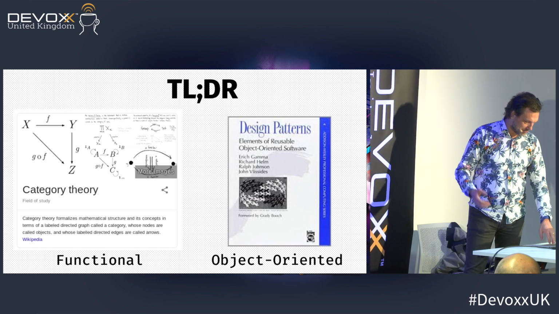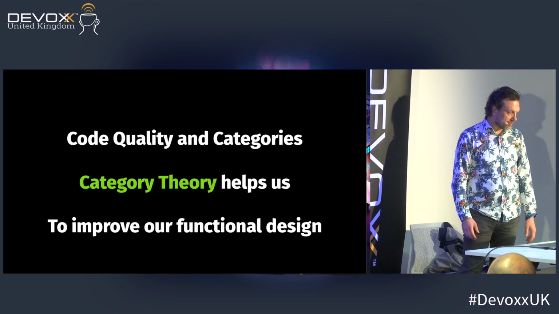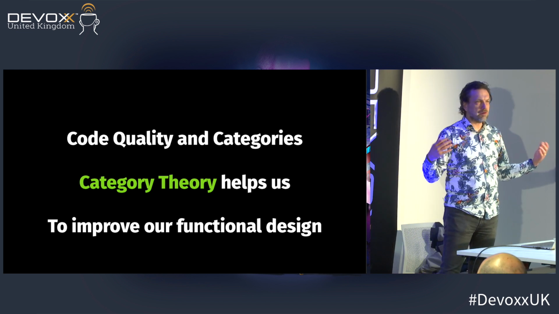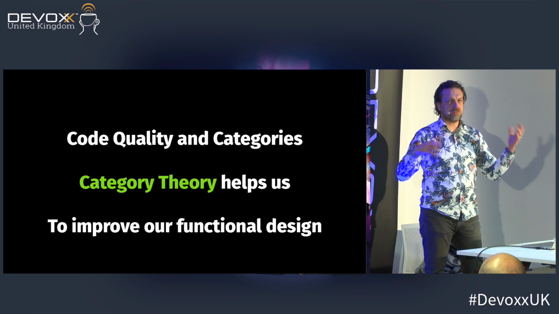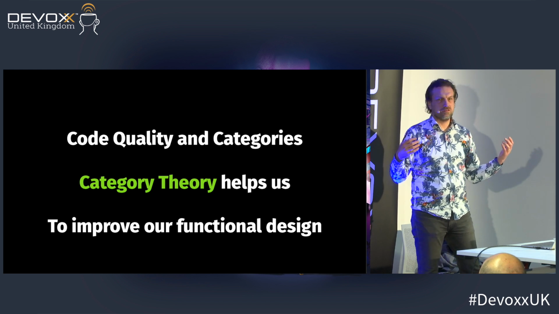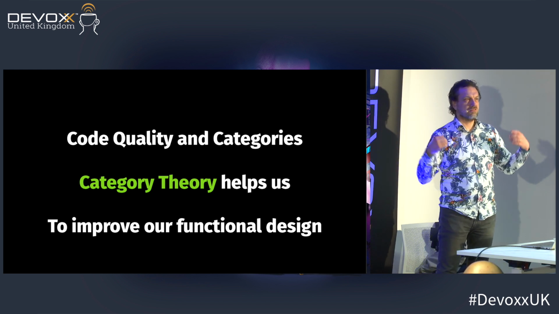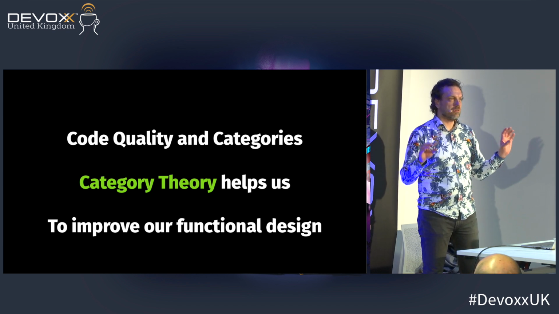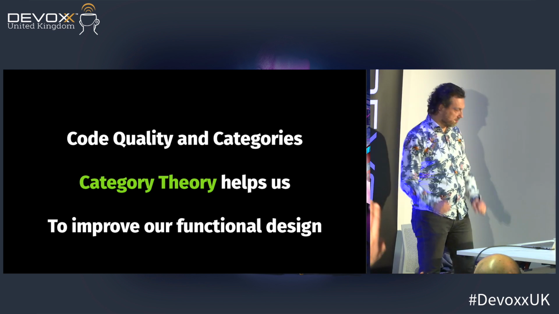Okay, let me expand a bit on this. How many of you know about category theory? And how many of you do functional programming a bit? It's good, you're in a good place.